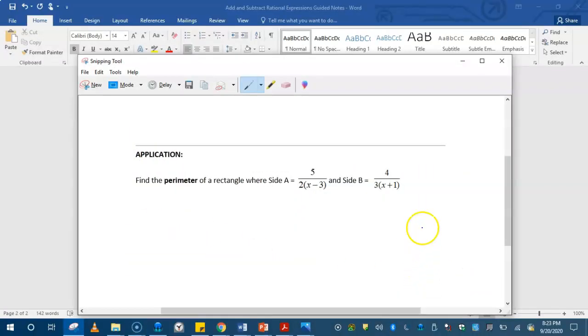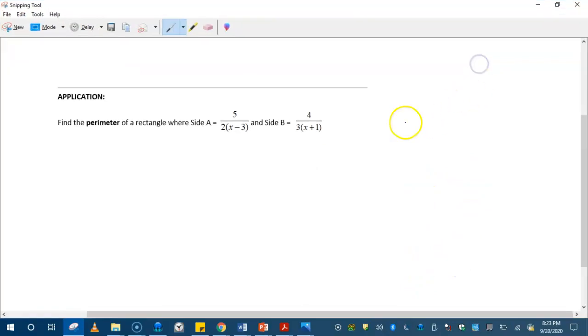Here we go. We got a question that says the perimeter of a rectangle where side A equals 5 over 2 times x minus 3 and side B equals 4 over 3 times x plus 1. We're going to find the perimeter. Okay, perimeter. Let's think about it. Perimeter means that I would add all the sides.